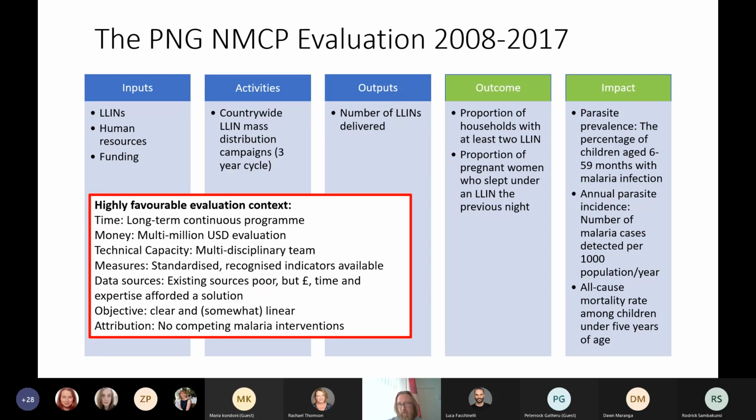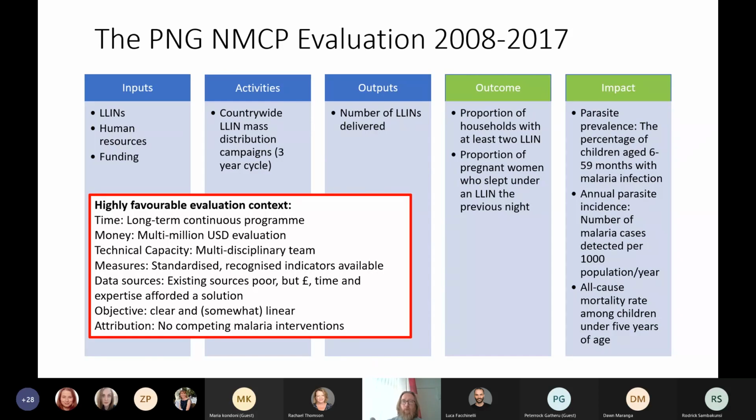They're endorsed by the World Health Organization, and they're widely used across malaria control programs around the world. So having those indicators readily available makes the job much easier, because we know they're proven, they do work, they are appropriate for this type of intervention, and they allow not only comparison within Papua New Guinea, but globally as well. So that's a real advantage to outcome and impact measurement in this case.